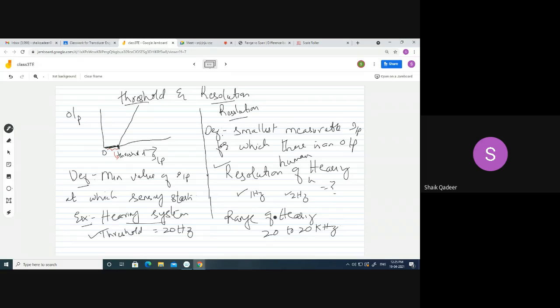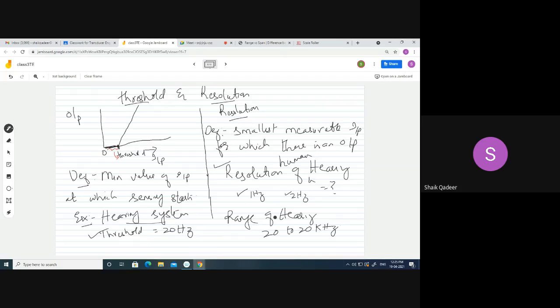A PMMC voltmeter has a uniform scale with 100 divisions, comma and continue.